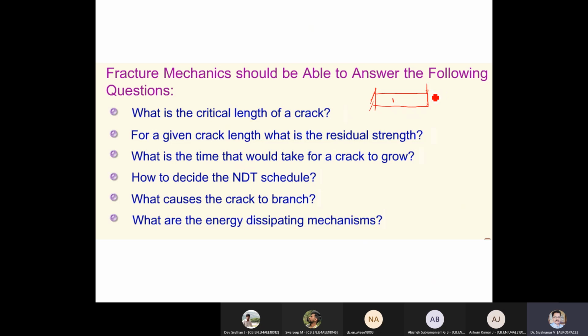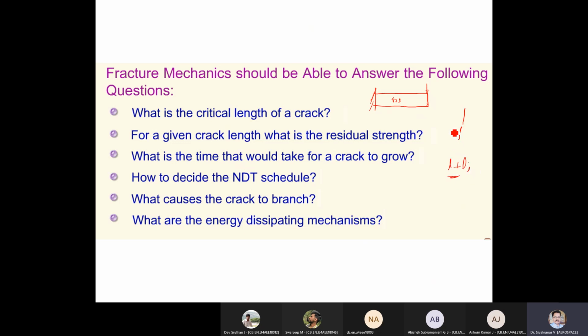You apply a sinusoidal or fatigue load, so the crack is growing. Initially I have one length, then the crack grows, so L plus the growth.